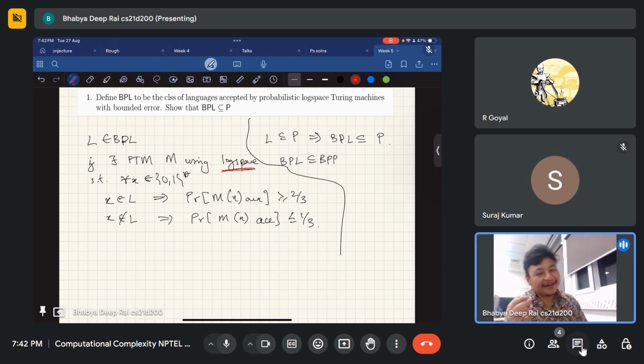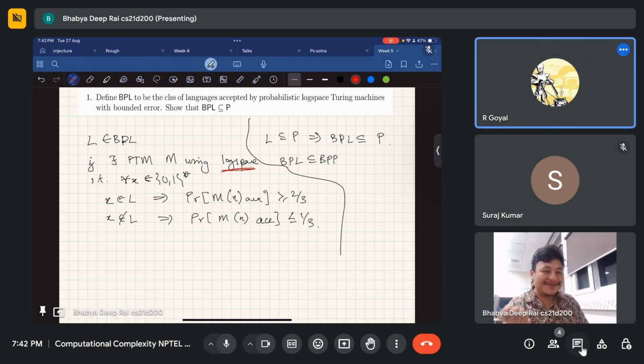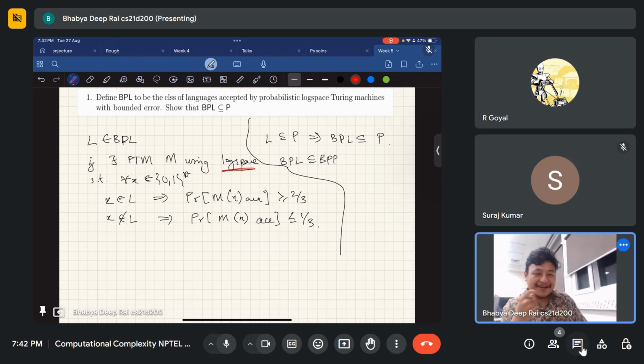Even for strings that are in the language, I have some errors. Although fewer errors, there are errors, right? And if you simply run it using a P machine, the first question is what do you do about the randomization? Because BPL is a randomized machine. How do you feed the random bits? Because the machine I want to make should be deterministic.